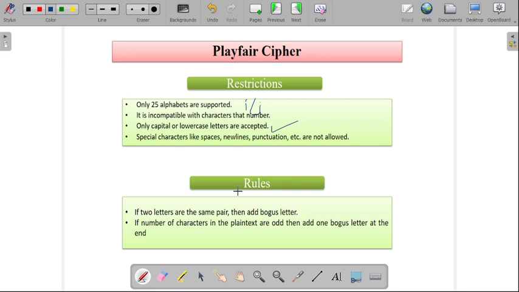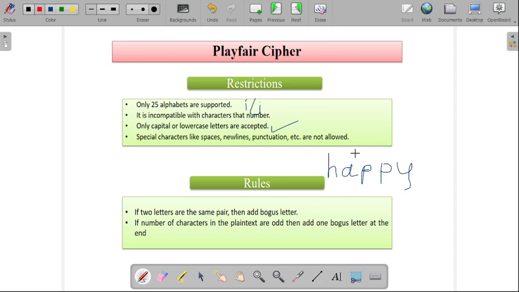There are some other rules. The first one is that if two letters in a pair are the same, then we have to add a bogus character. Suppose the given plain text is HAPPY. According to the Playfair cipher, first of all we take groups of two characters.